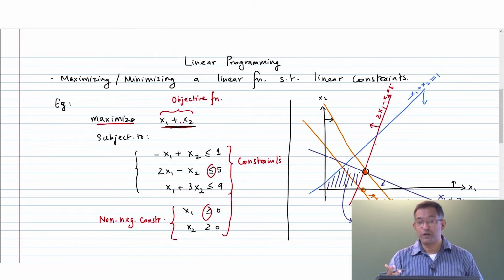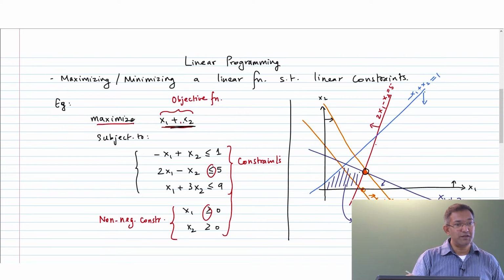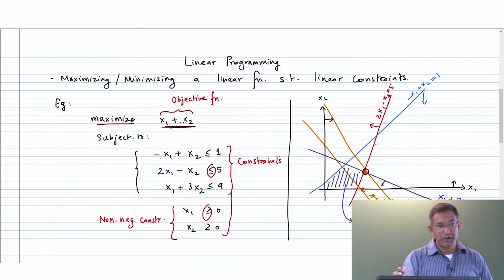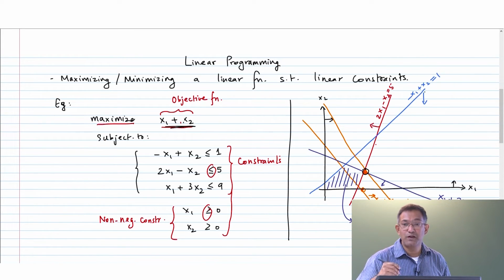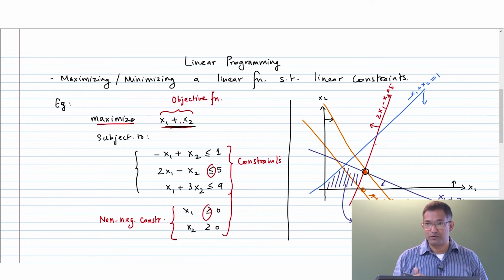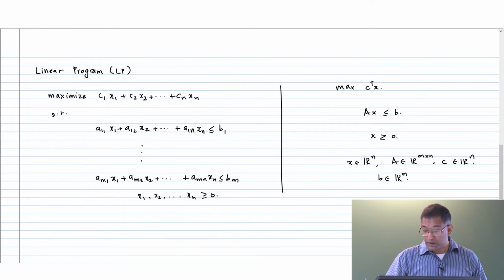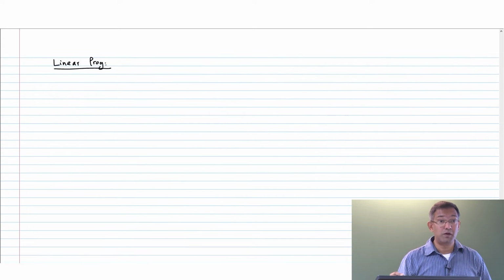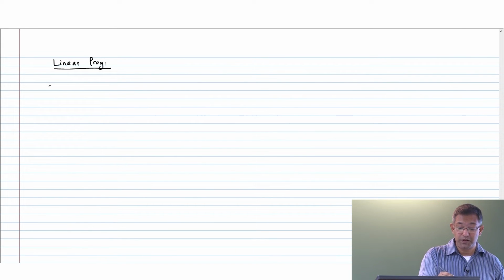You should take my word for it. We have not actually solved these equations by hand. Pictorially, it looks like this is the optimal solution, and let us believe that that is true. So, there is a unique optimal solution for this program, but is that always the case? That is not true. What can happen is various situations.